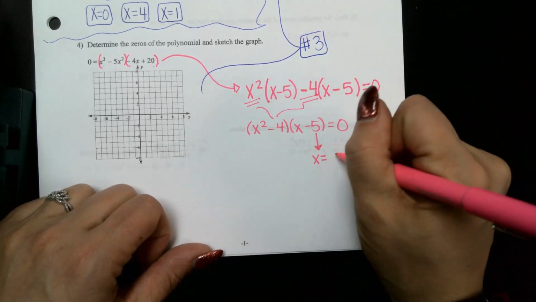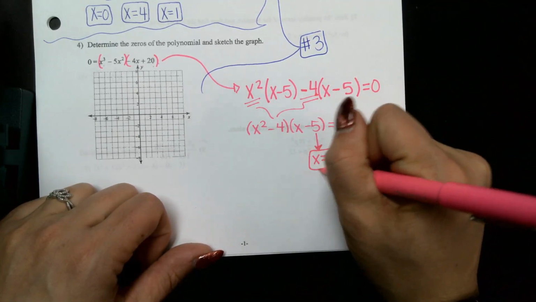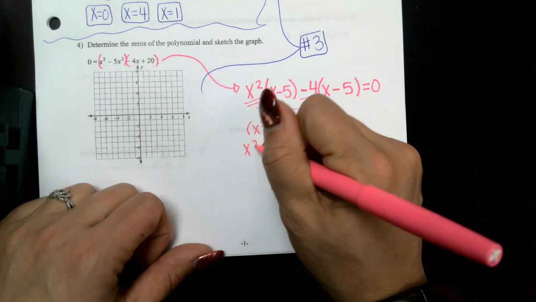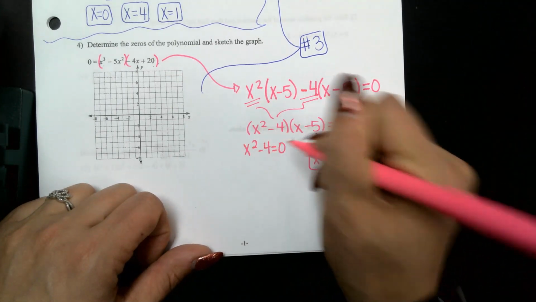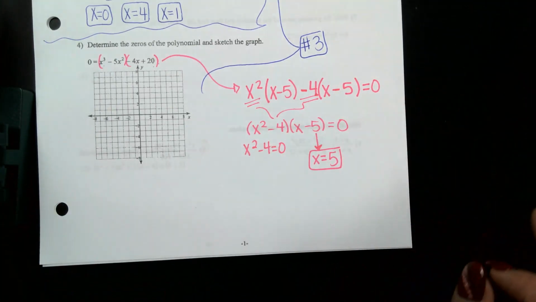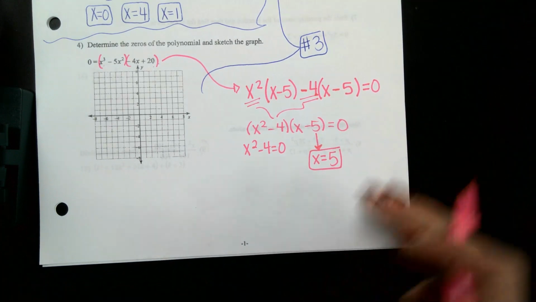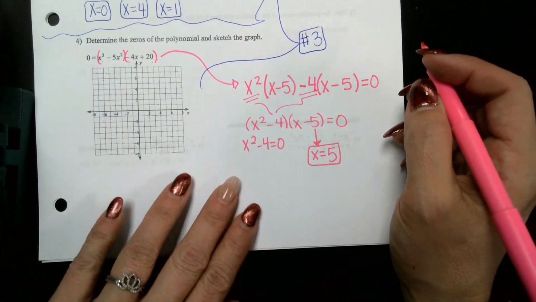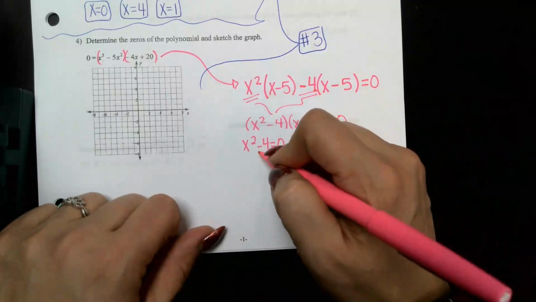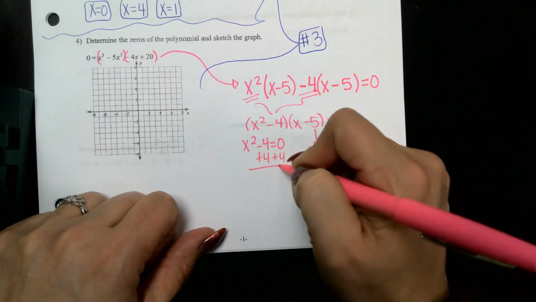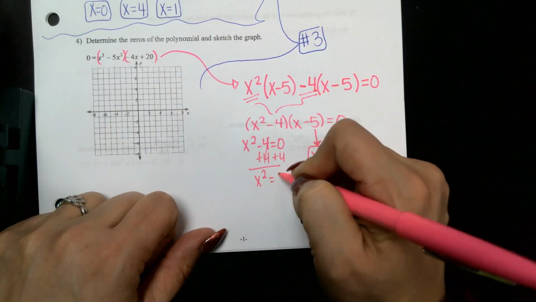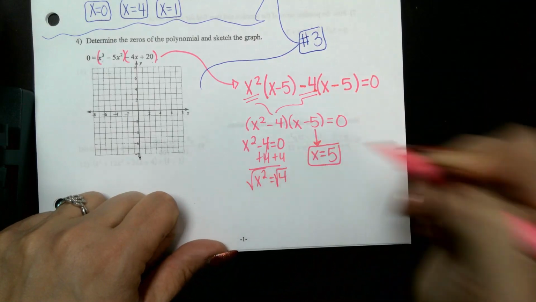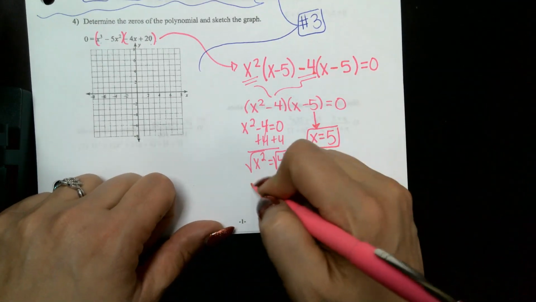X equals what? 5. Yep, that one would be x equals 5. Now this one over here, anytime it's more than a one-step equation, I always suggest that you write it out. Just make it a little bit easier on yourself. So I would add 4 to both sides, and then we'll take the square root. But just don't forget, you have to do the plus minus.